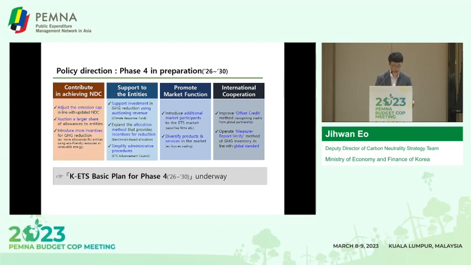Lastly, the Korean government is seeking ways to promote international cooperation and maintain the institution in line with global standard. All these tasks will be reviewed and included in K-ETS basic plan for phase 4, which is underway in cooperation between Ministry of Economy and Finance and Ministry of Environment in Korea.